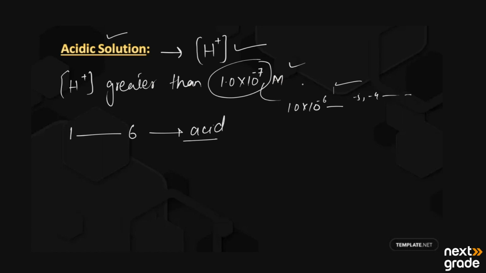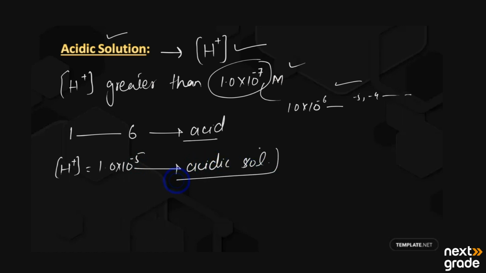At 25 degrees Celsius, if the concentration of H positive ions is 1.0 into 10 raised to power minus 5, then the solution is called acidic because it has a higher concentration of H positive ions.